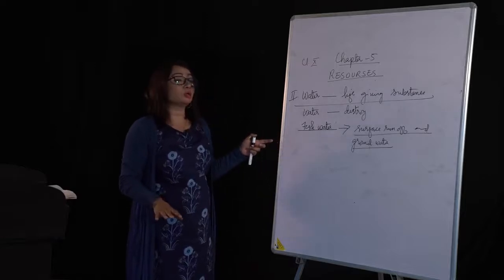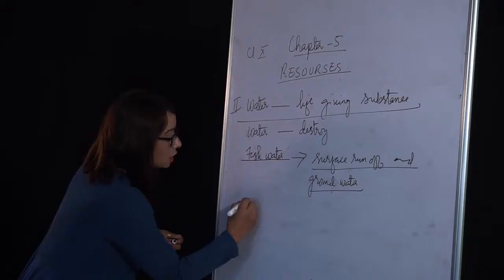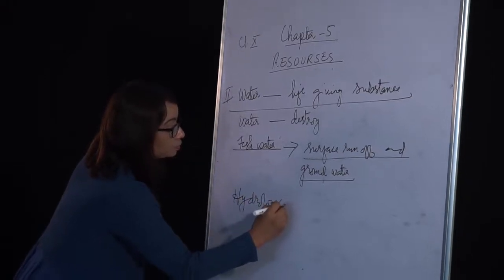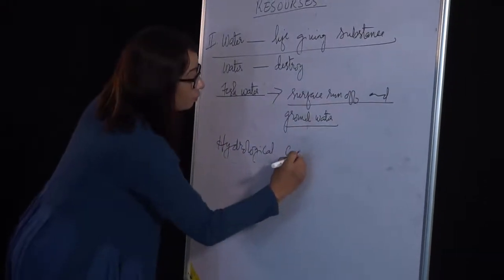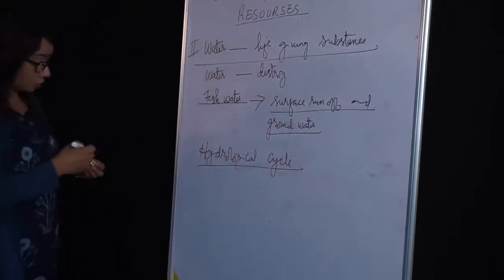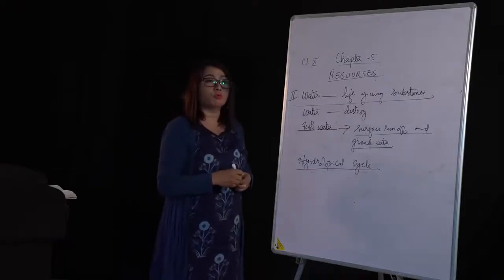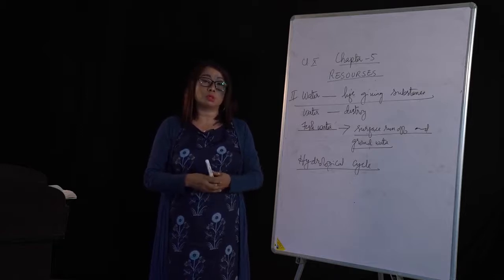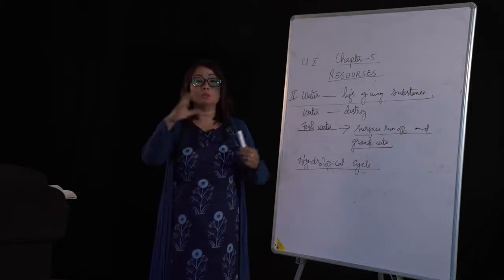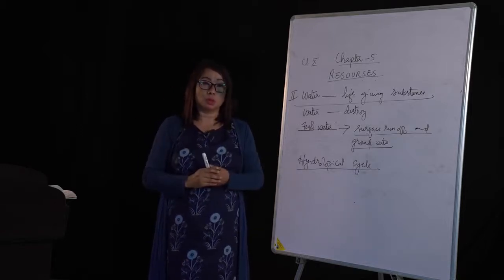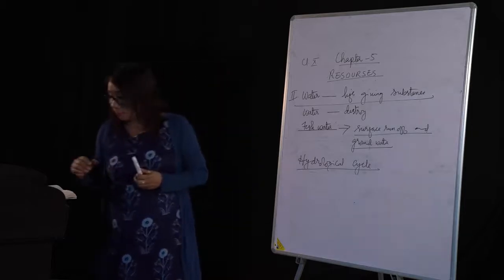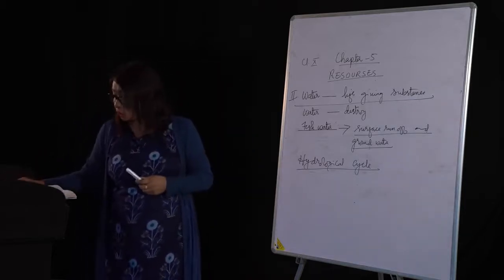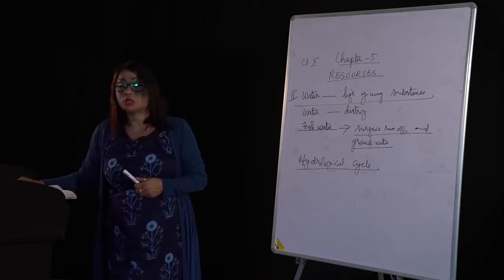So what is the hydrological cycle? The next one is the hydrological cycle. The hydrological cycle is the movement of water on, above and below the surface of the ground. The heat of the sun evaporates seawater to make water vapor.